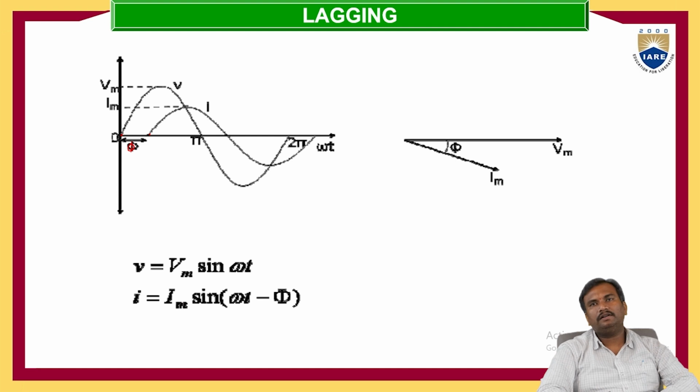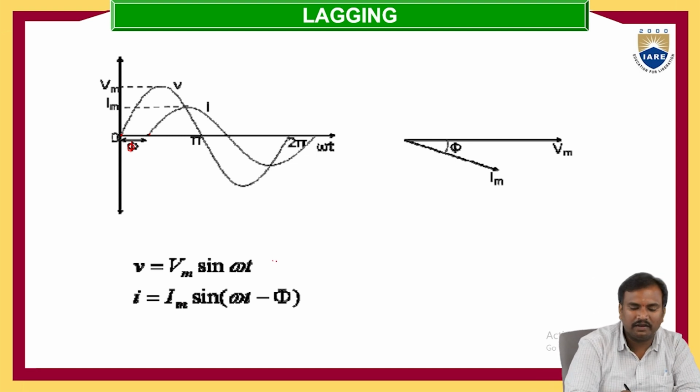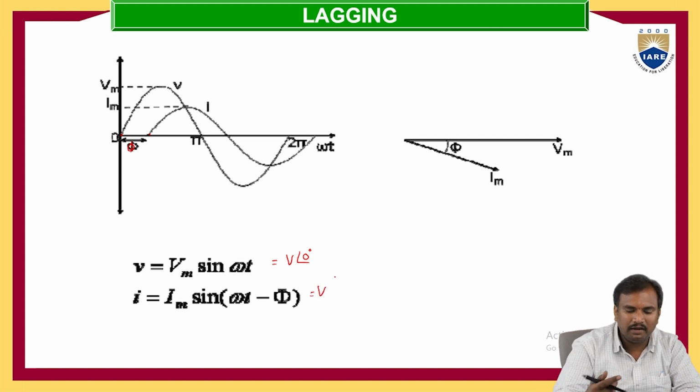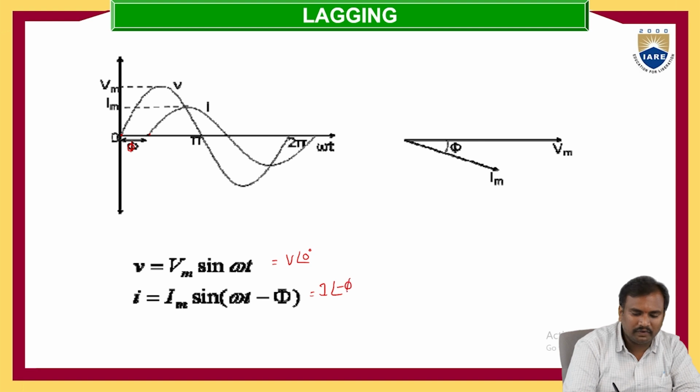Here we can write V at an angle 0 degrees, and I at an angle minus phi.